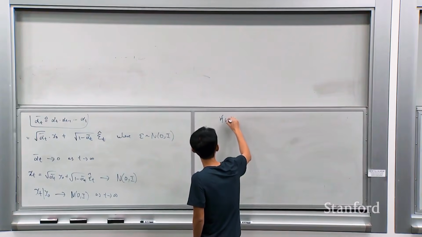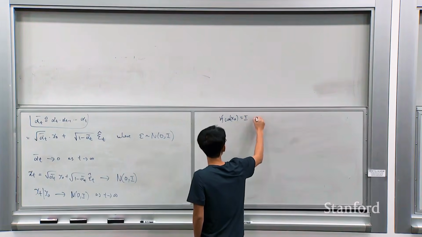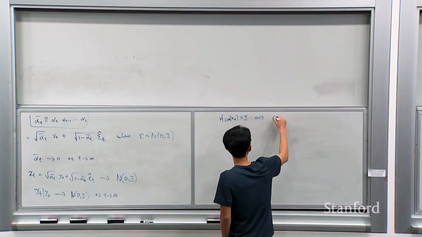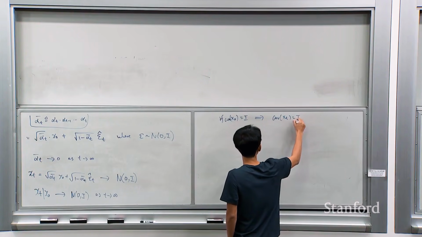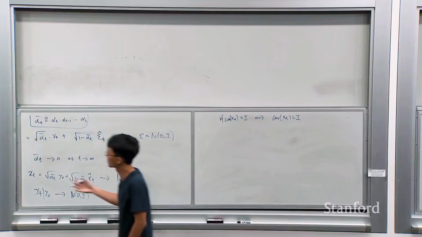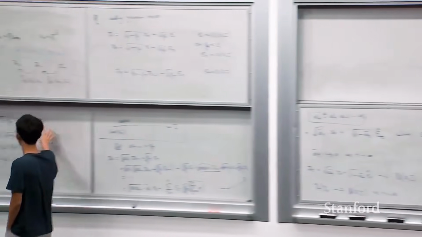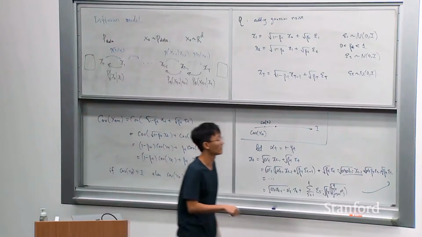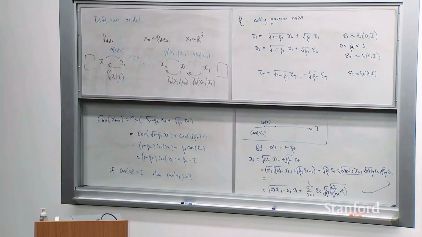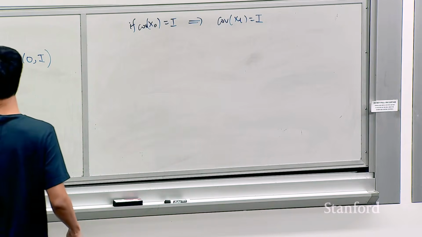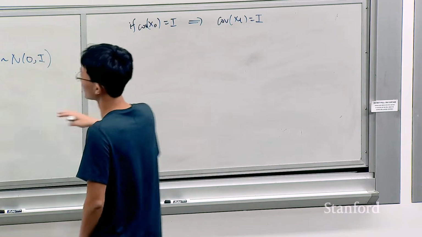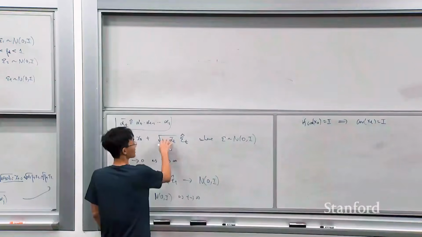Another way to write it is as a fact that if the covariance of x0 is identity, then the covariance of xt is also identity, right? You know this as a fact because I derived this. And then let's say you don't know what this number is, so you just put a question mark.